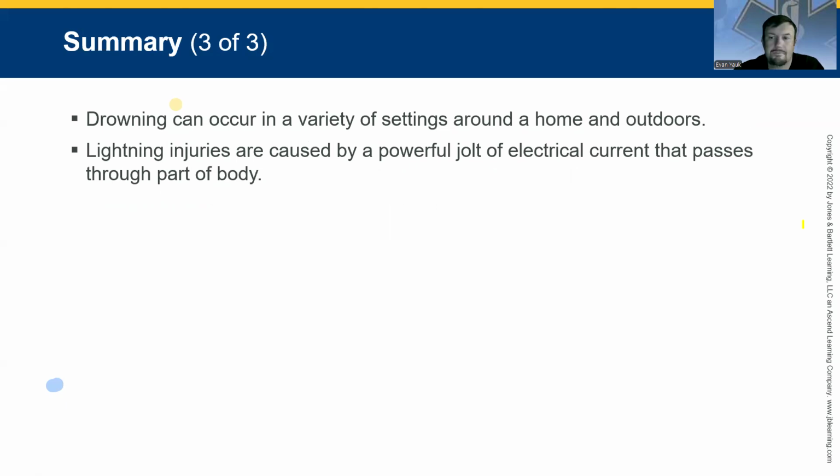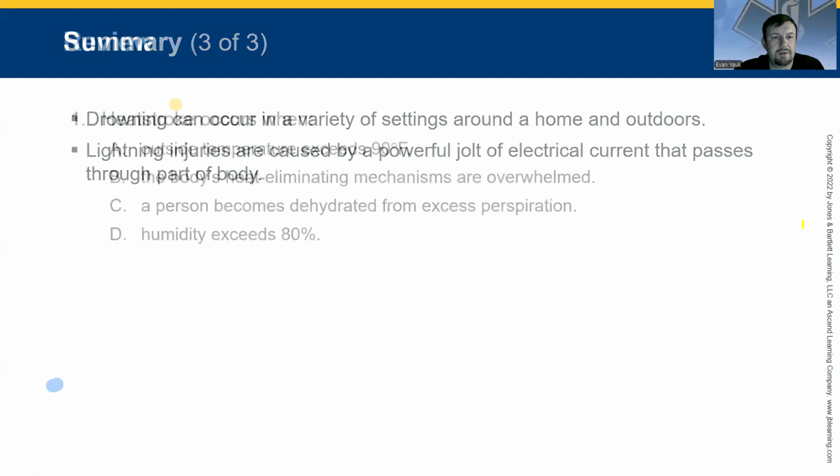Drowning can occur in numerous places. They're preventable, so don't be afraid to educate people. Lightning injuries can cause dysrhythmias, they can cause cardiac arrest. Remember, they could have an entry and exit wound, and they're going to have internal burning damage.